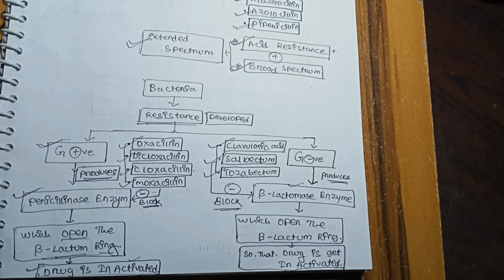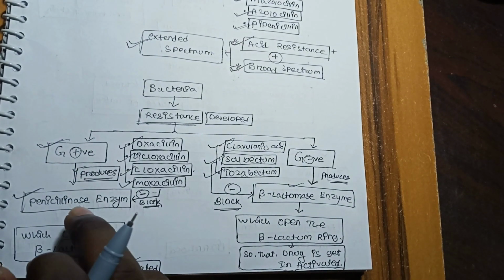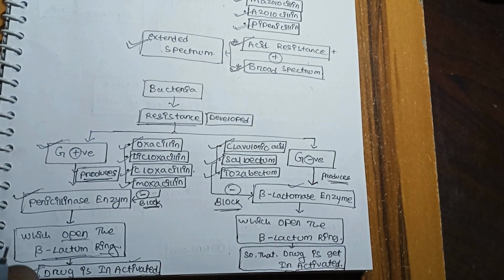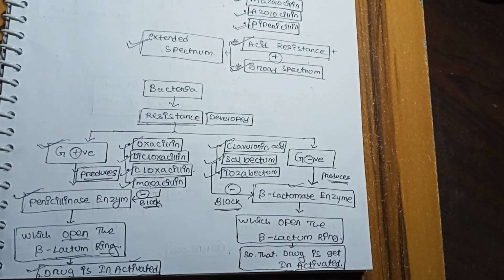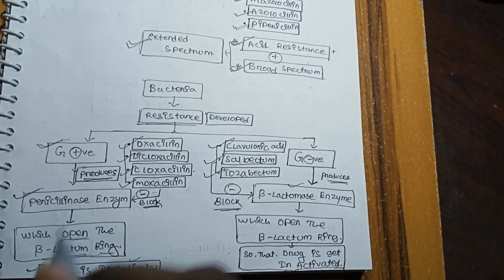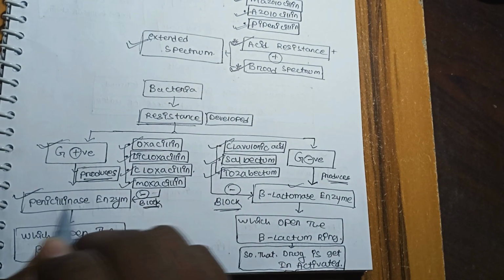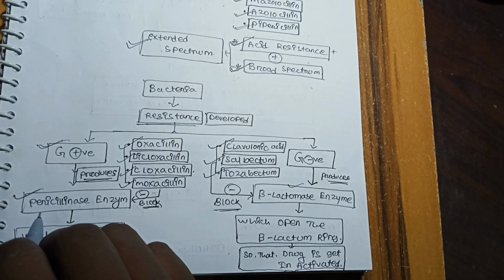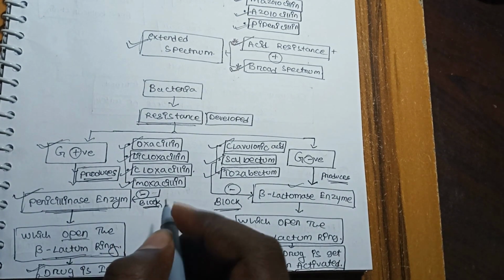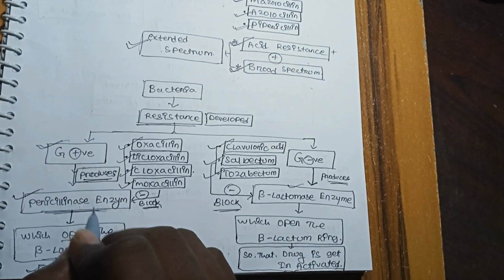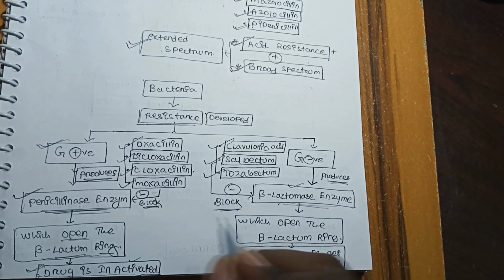So again, scientists developed more advanced drugs that block the penicillinase enzyme. The researchers targeted the penicillinase enzyme and the beta-lactamase enzyme.